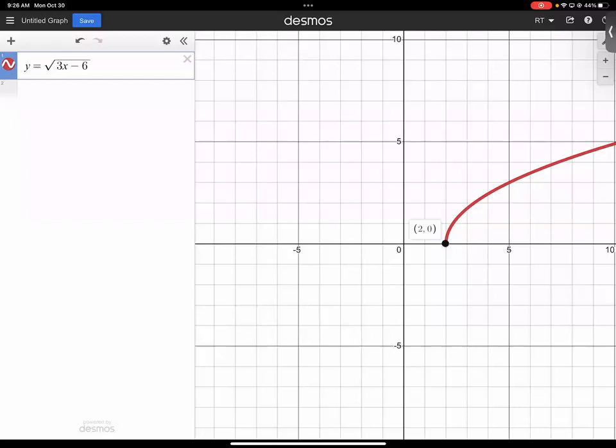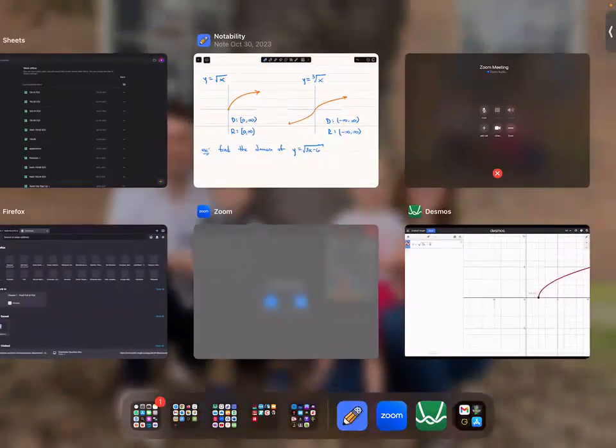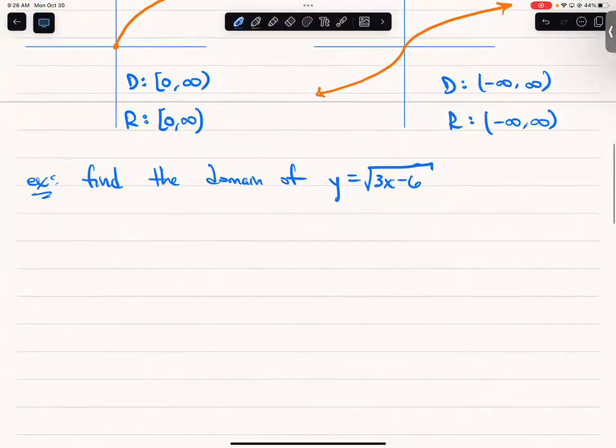Here, to deal with that 3x minus 6, you basically have to treat it like 3 times the quantity x minus 2 to really see what's going on. You have to factor that 3 out, kind of hold it out of this stuff. The 3 does do a stretching thing, but the shift is only by 2 rather than by 6. And that's not the easiest thing to keep track of or to pick out the details.